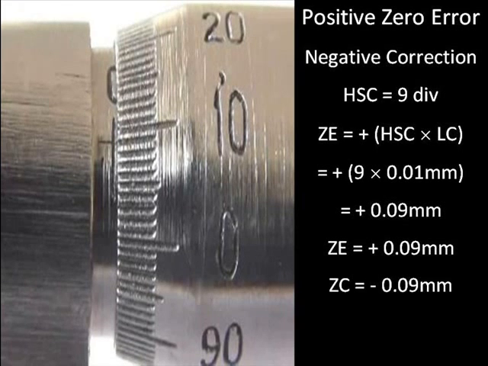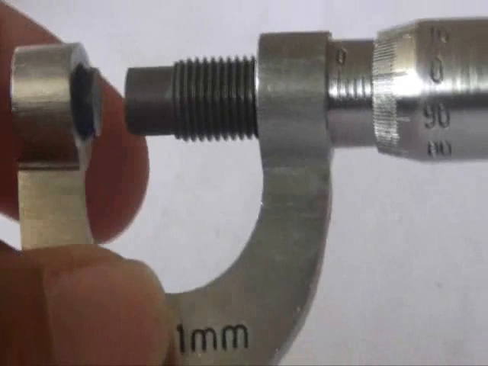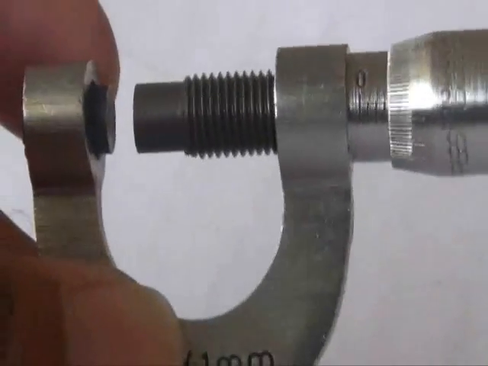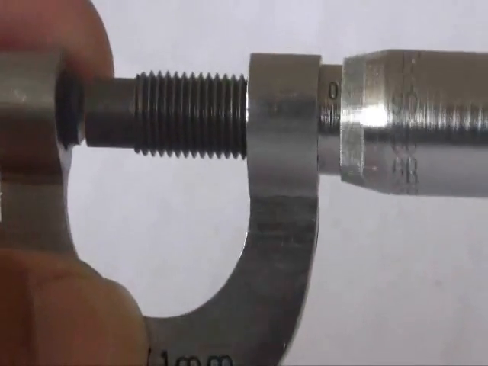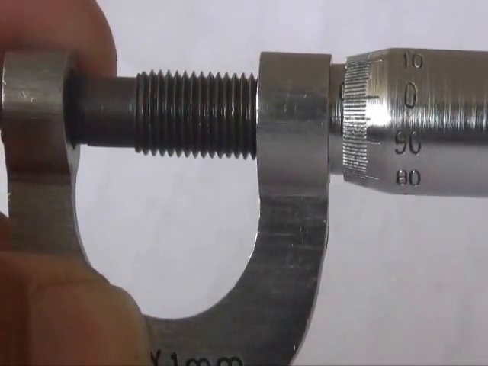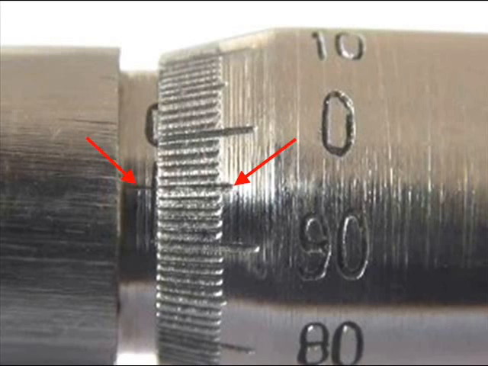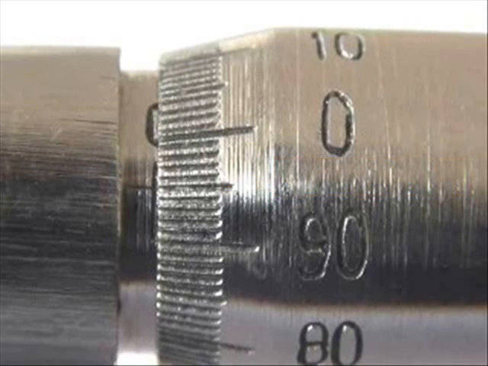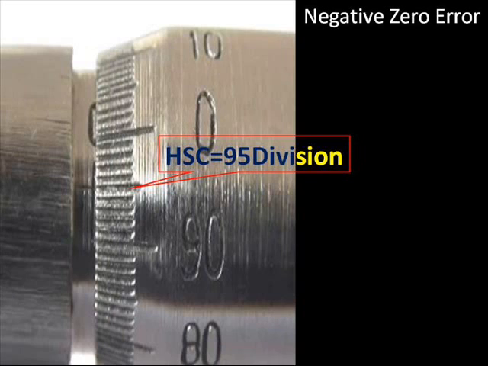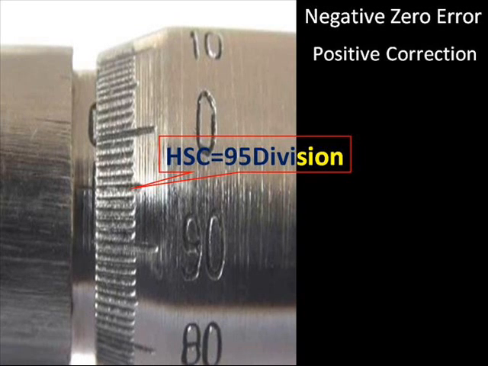When this type of screw gauge is used, we have to subtract the zero correction from the observed reading. Now the third case, when the screw gauge is tightened up. Now you can observe the 0 lies above the reference line and the 95th division coincides with the reference line. So this kind of error is called negative 0 error and the correction is positive.